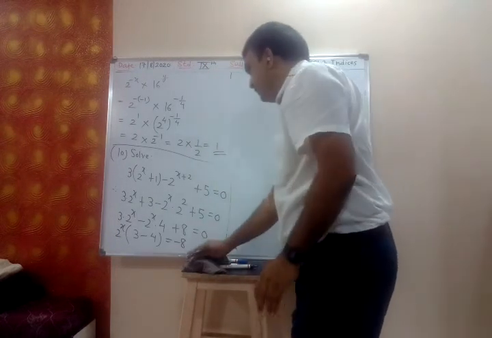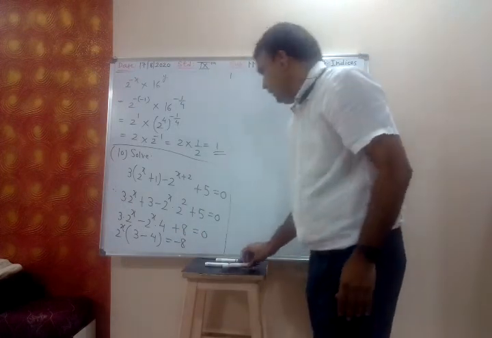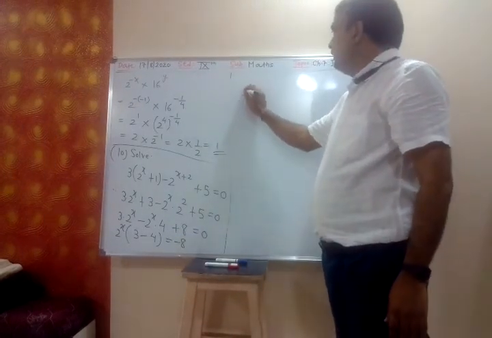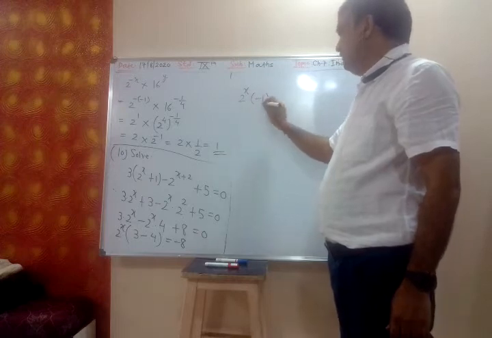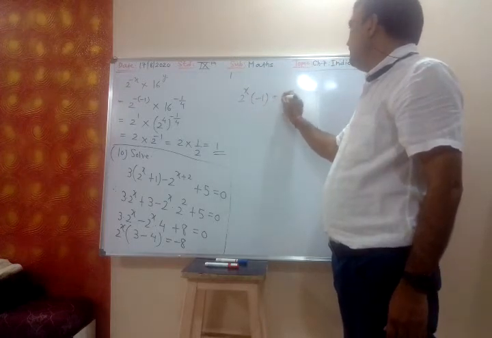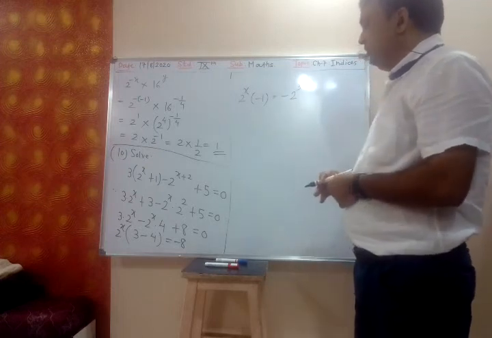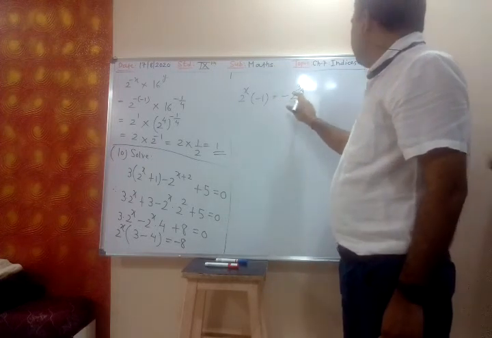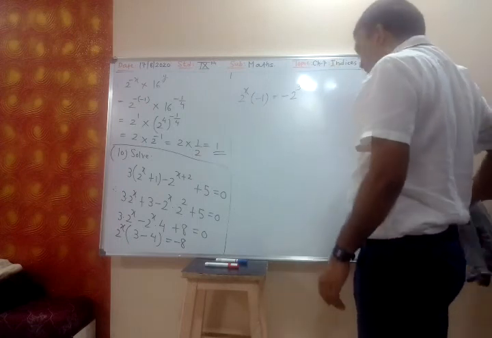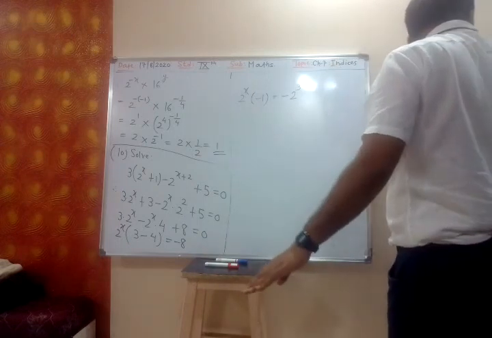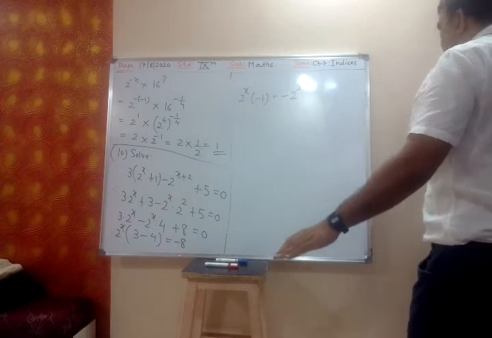So there, 2 raised to x, 3 minus 4 is minus 1, is equal to minus 8. I can write 2 raised to 3. Minus sign is there, then 2 raised to 3. Then minus we can cancel.